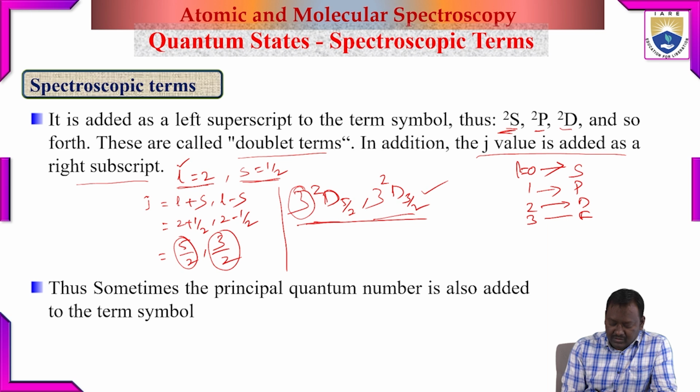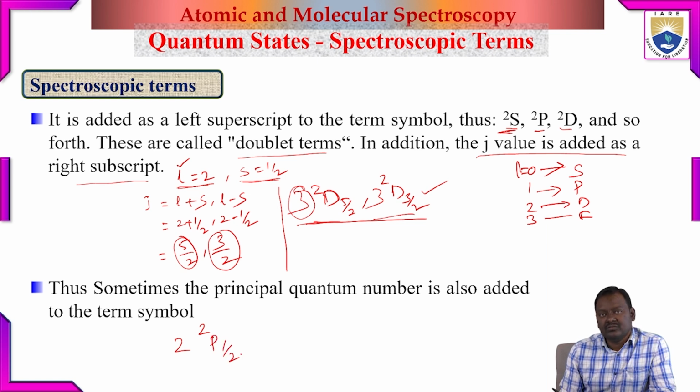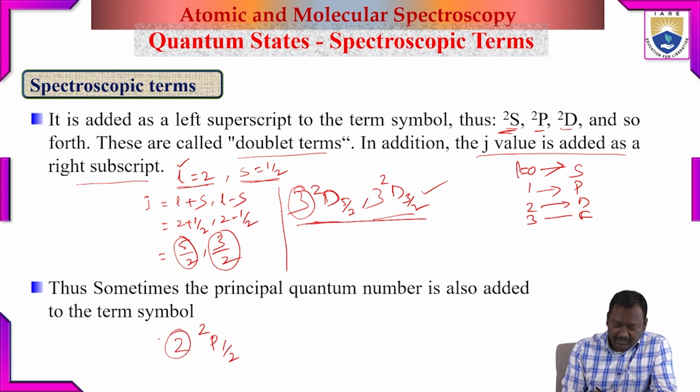For example, in a spectroscopic term like 2p 1 by 2, here 2 is the principal quantum number, that means n is equal to 2, and s is equal to 1 by 2.